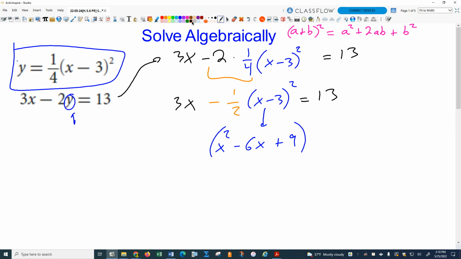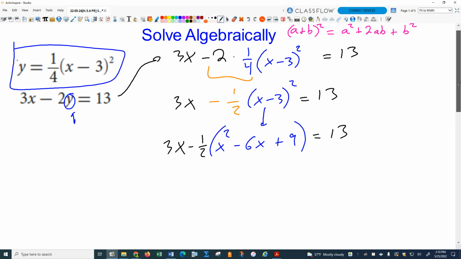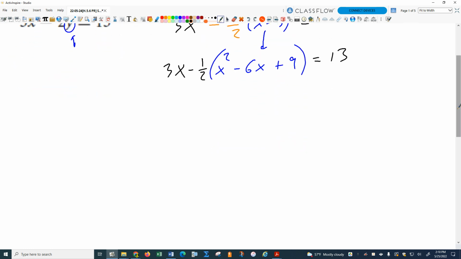And so now we've got 3x minus 1/2 times all that stuff equals 13. Okay, well, I could distribute the 1/2. That's no big deal. So I get 3x minus 1/2 times x squared is minus 1/2 x squared. Negative 1/2 times negative 6x, isn't that just plus 3x, right?